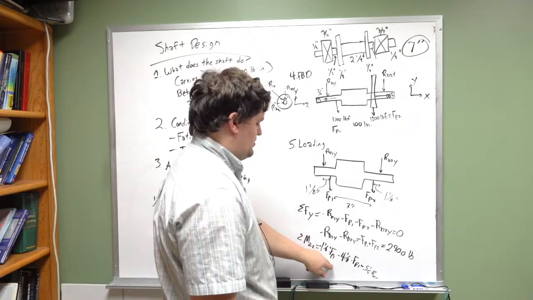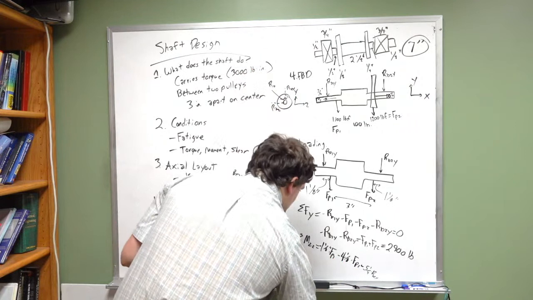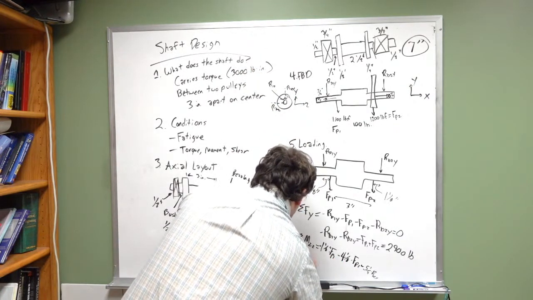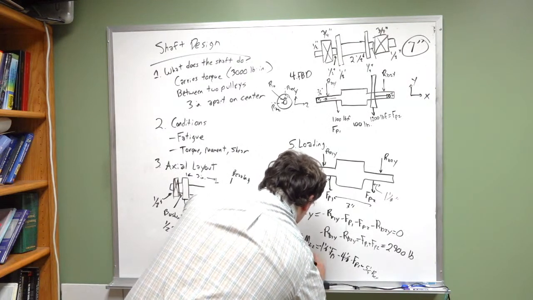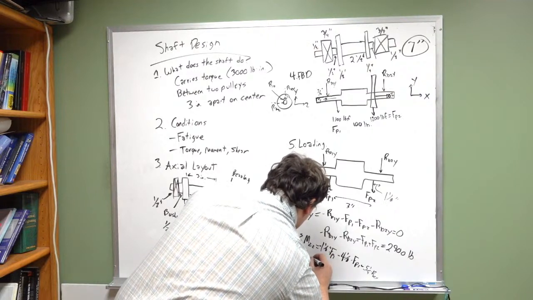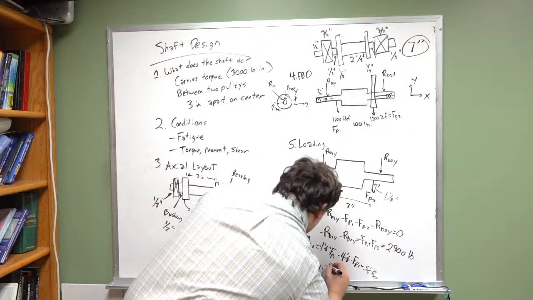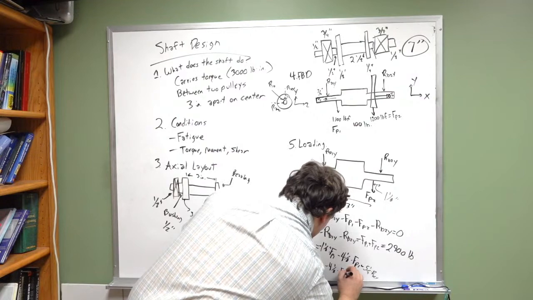Awesome. We know what FP1 is. We know what FP2 is. If we solve this equation, RB2Y is equal to 1 over 5 1/4 times negative 1 1/8 inch times FP1 minus 4 1/8 inch times FP2.